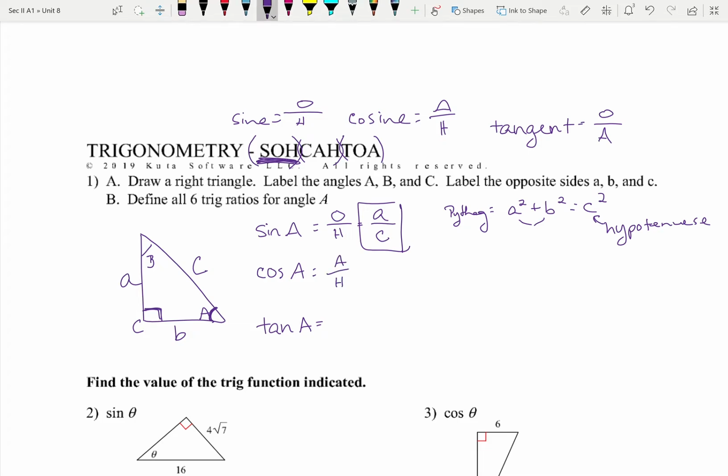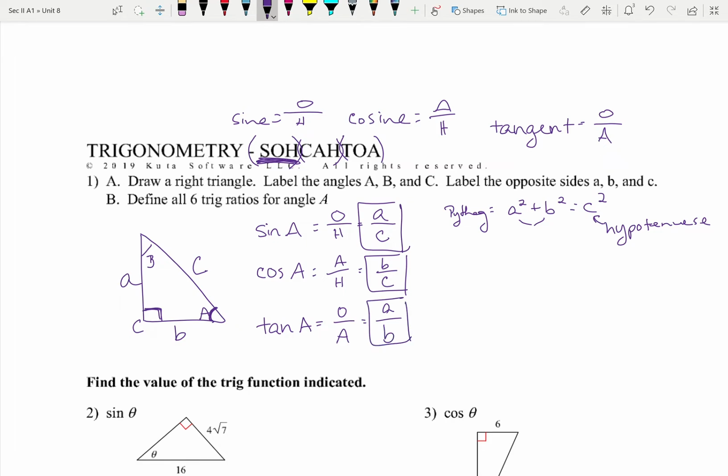So I go to angle A, and right next to it is B over C, because remember the hypotenuse is always C. And then tangent is opposite over adjacent. So angle A would be little a over little b.